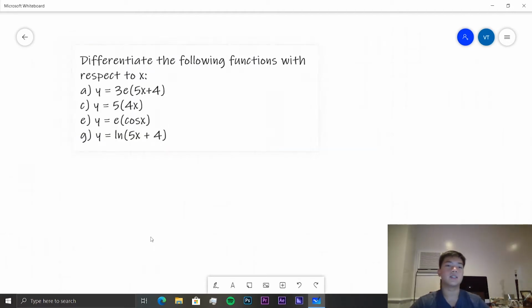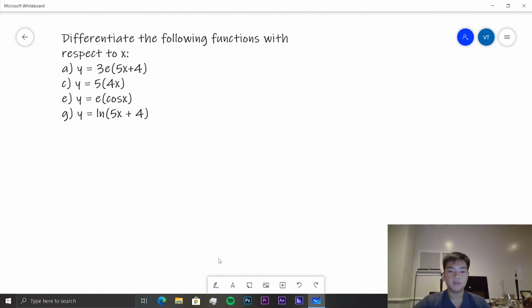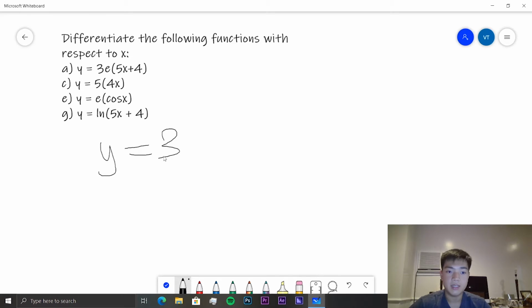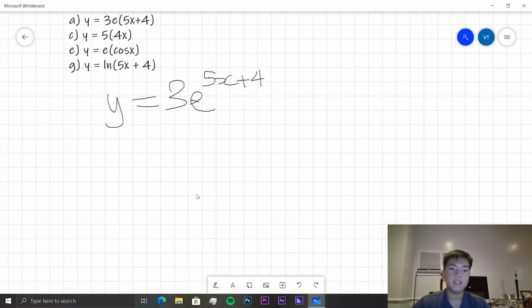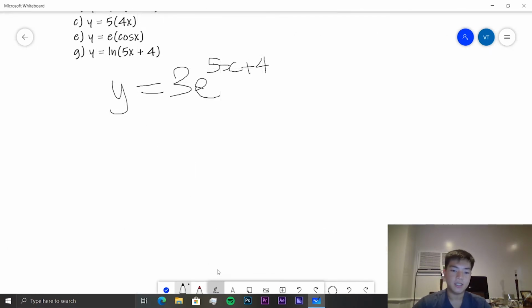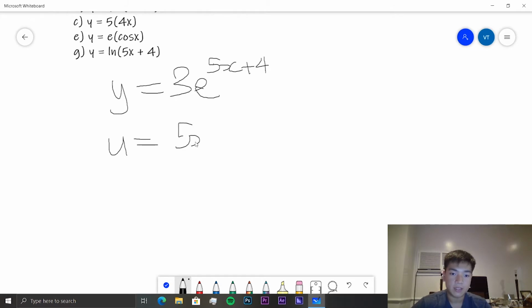So let's solve these questions. For the first one, y is equal to 3e to the 5x plus 4, we need to use the chain rule. We label u is equal to 5x plus 4, and so y is equal to 3e to the u.